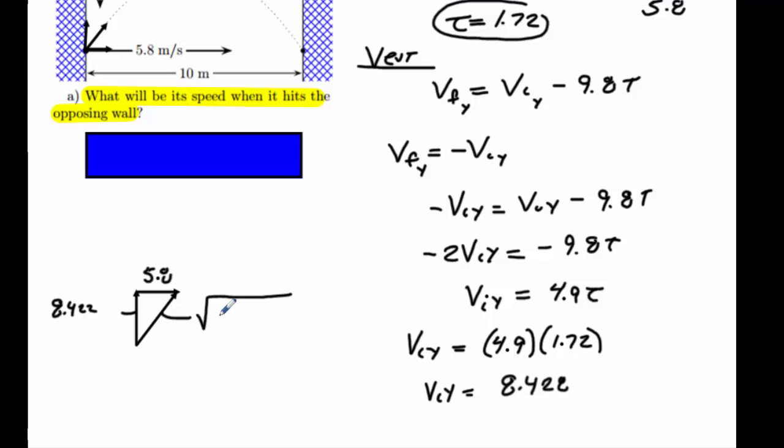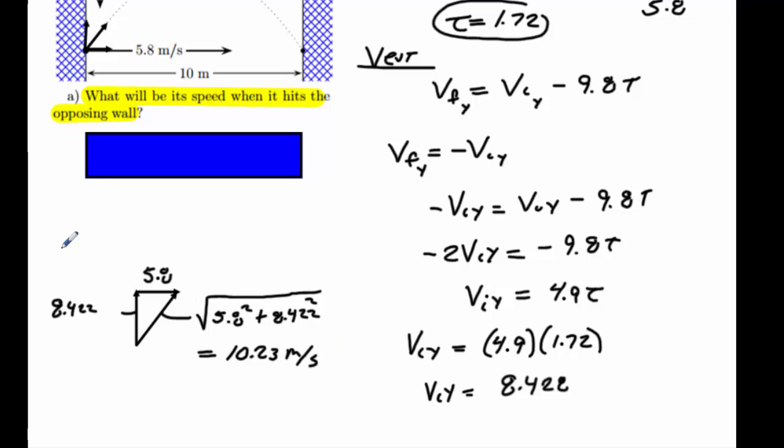So then the resultant vector would equal the square root of 5.8 squared plus 8.422 squared. We'll take the square root of that real quick and see what we get. That gives me a value of 10.23 meters per second.